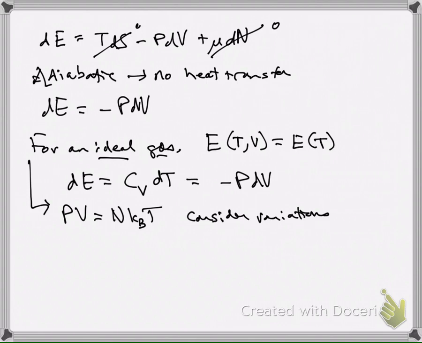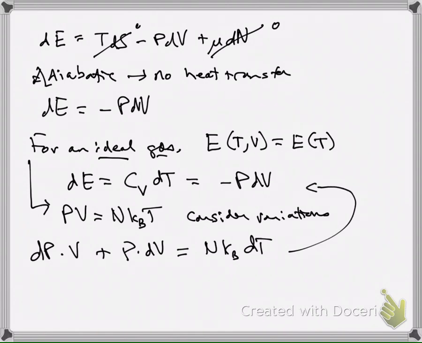So we're basically going to have dP times V plus P times dV. So that's the variations that can happen on the left-hand side if we consider small independent variations of these things. And that has to equal N k Boltzmann dT, right?